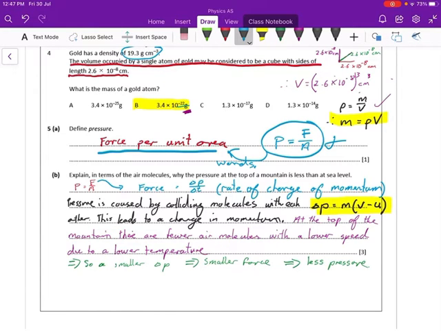What is pressure? Pressure is force over area. But where does that force come from? That force comes from the rate of change of momentum. Because what happens? My molecules collide with each other, and each time they collide, there's a force present. Think about molecules. If you just think about it in a container, for instance.